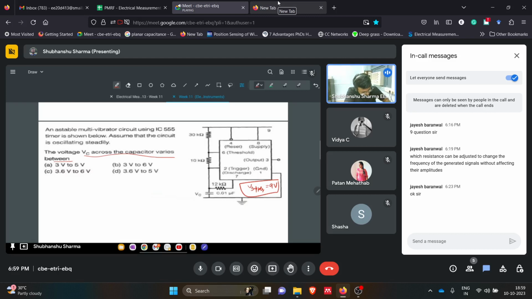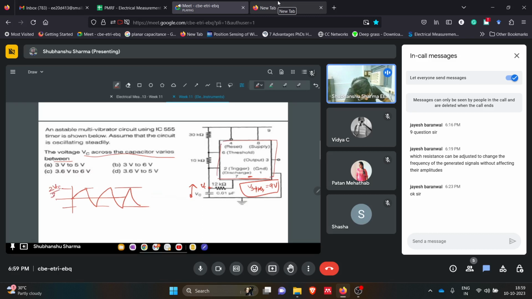VC we know. This is the voltage across the capacitor. The capacitor is charging, then discharging, then charging, discharging like this, based on the transistor inside this IC. Based on that, this is happening, and you know what the limit is.